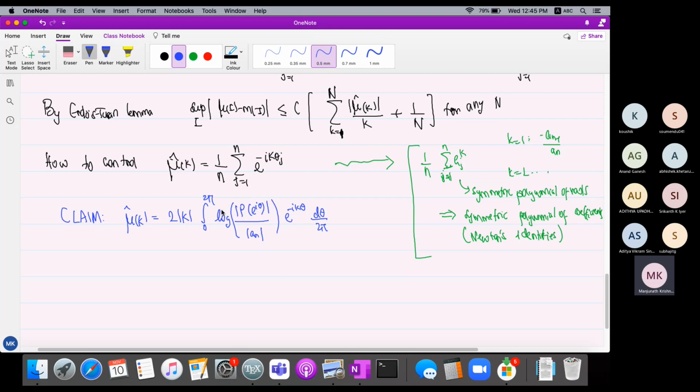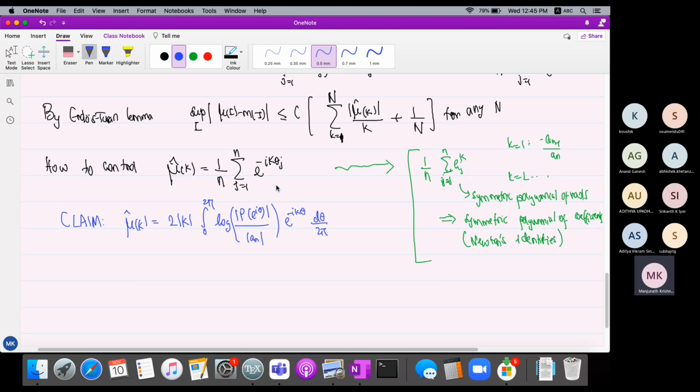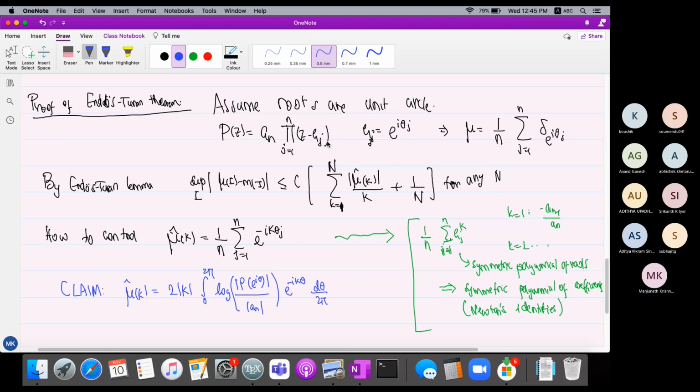And you see the terms coming out here almost. The log integral is already showing up. A naught is missing, but that's a simple point. A small consequence is that a naught is a_n times the product of minus zeta j, that is, times minus 1 to the n.